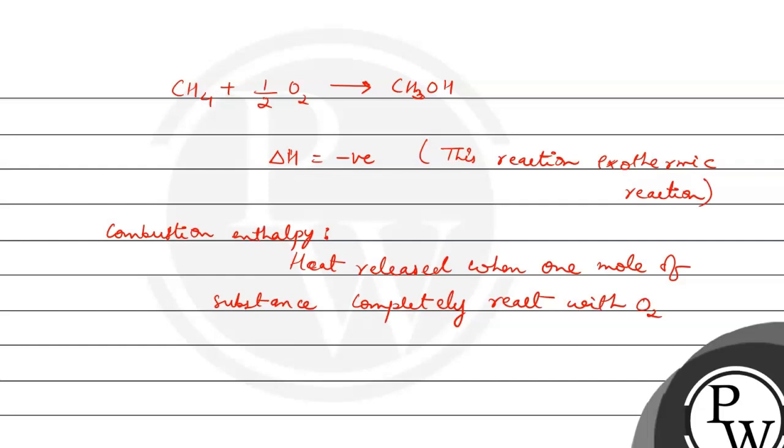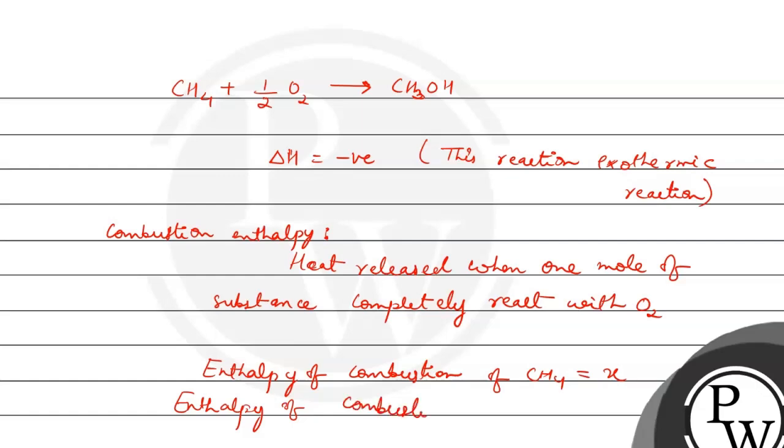So we know that the enthalpy of combustion of methane is given as X in the question, so that we have to take, and the enthalpy of combustion of methanol we are taking as Y as per the question.